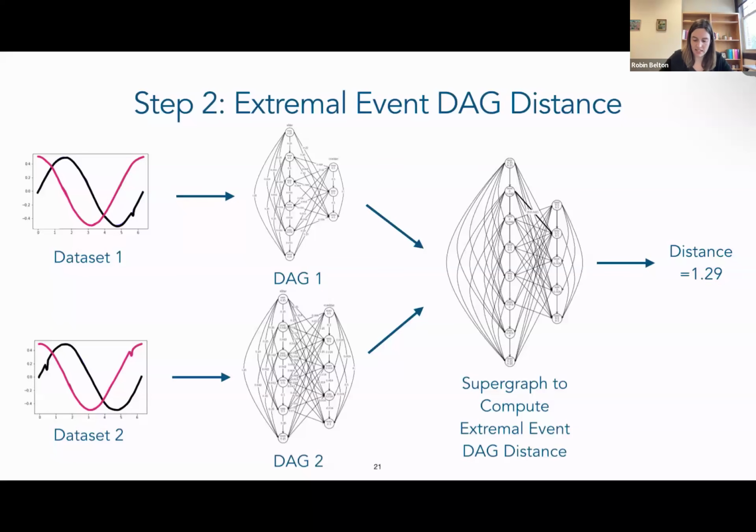And now we are ready to talk about distances. So how can we compute distances between these objects? And the idea is that we're going to construct this supergraph so that each DAG is contained in this supergraph. And then the supergraph is also going to contain two weights on each vertex and each edge.